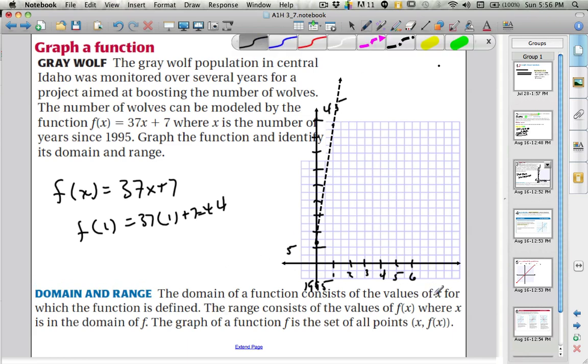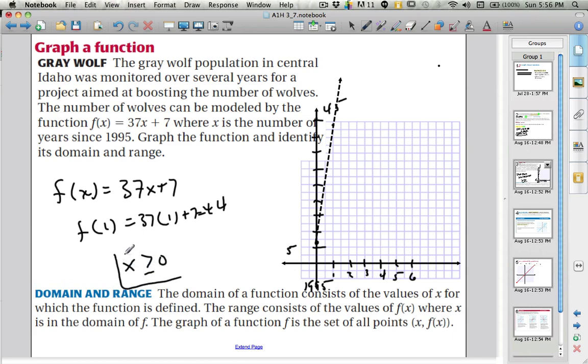The domain of the function consists of all the values of x for which the function is defined. So that means x has to be greater than or equal to 0, because I know what it is 0 years from 1995, it's 7, and I'm only going forward in time. Backwards in time would be before this program was put in place, and the function for that period might be much, much different than this.